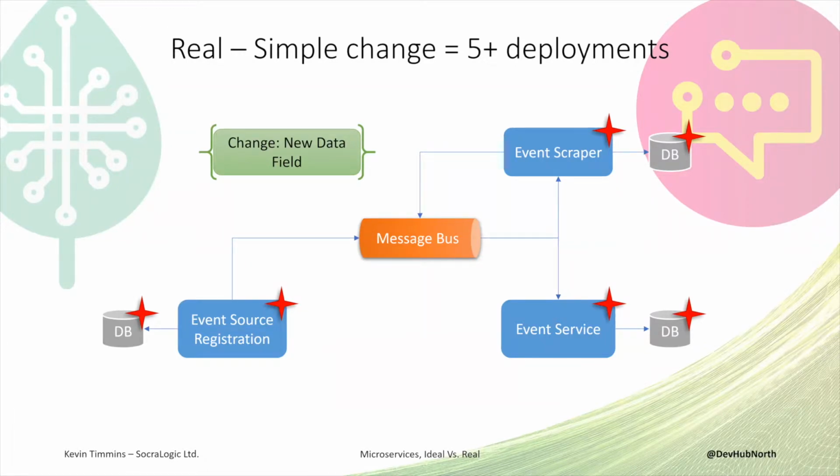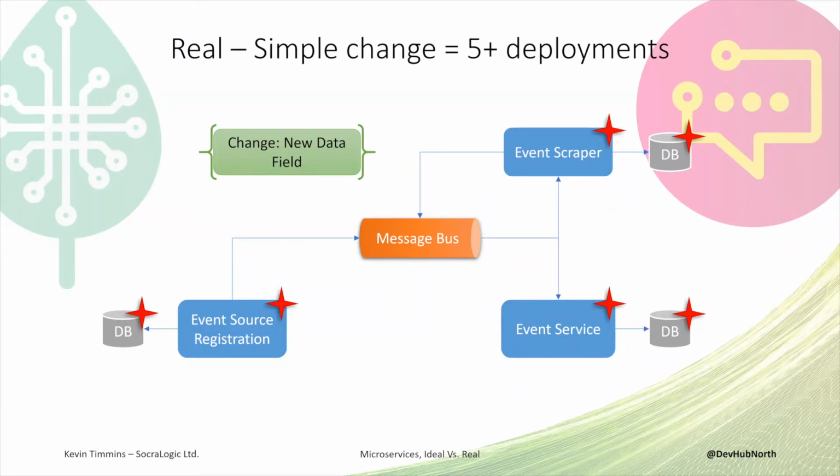You'd think, I'm just adding a single data field, why won't it deal with that? And do we find that suddenly we've got to make a change in pretty much every single service? Now, I don't know about you, but that to me isn't having simple deployments and isolated deployments. That's suddenly a big headache to do.